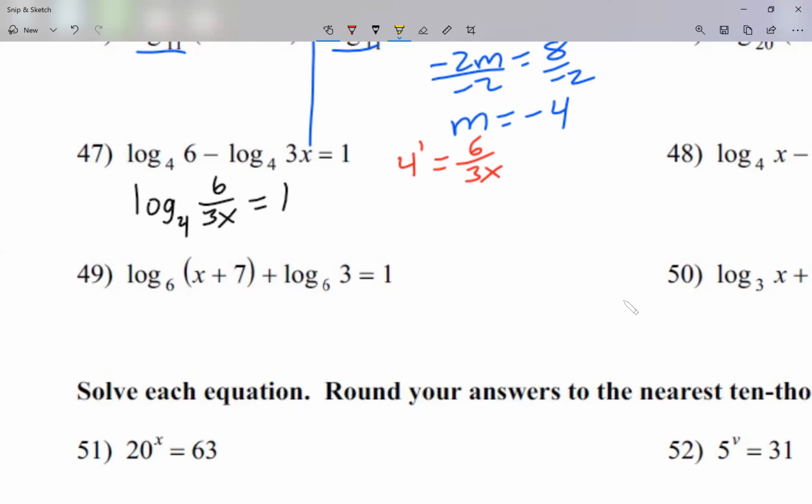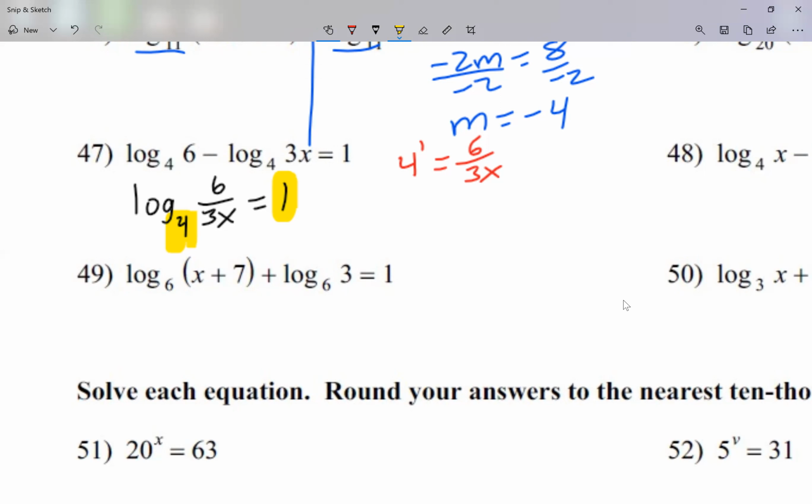Some of you might be asking, where do you get the 4 to the 1? You guys see where I get it from. Log base 4, you see where the 4 comes from, and the 1, because this is what the log is equal to. So 4 to the 1 equals 6 over 3x.